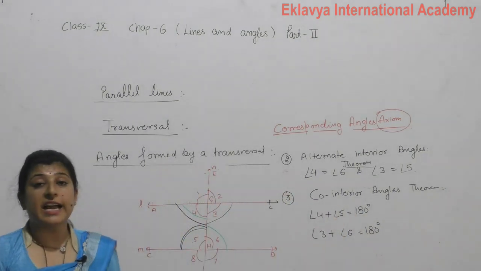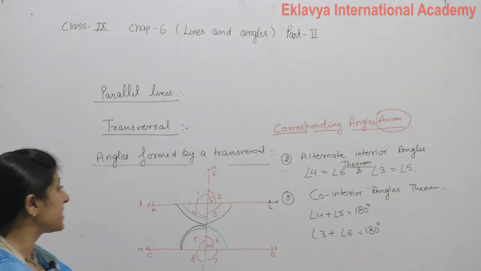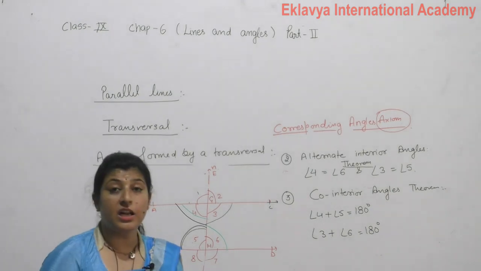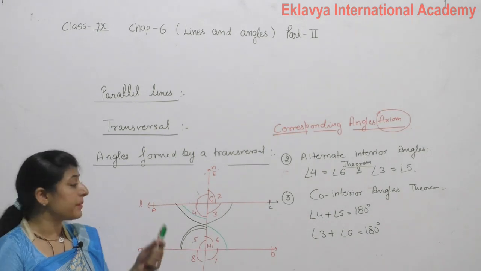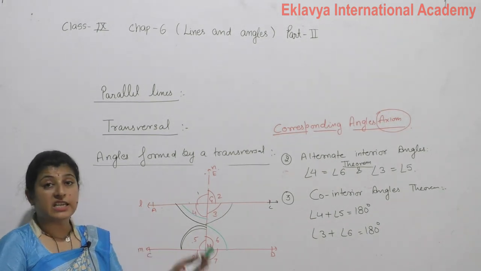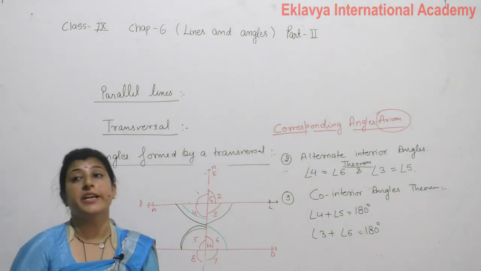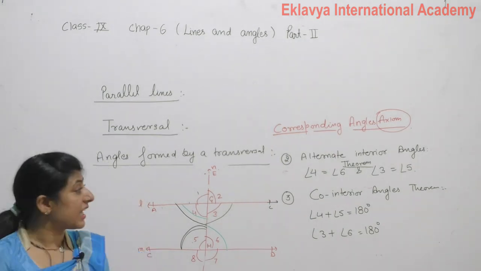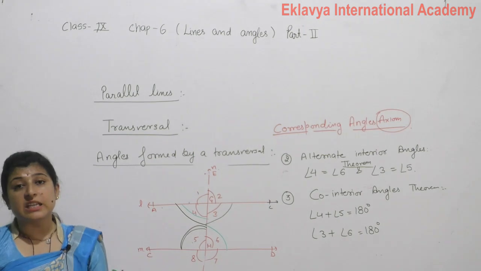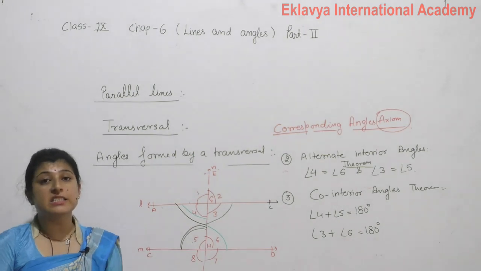So these are the angles formed by a transversal: corresponding angles, alternate interior angles, co-interior angles. When it is a parallel line, there is a concept that corresponding angles are equal, alternate interior angles are equal, and the sum of co-interior angles is supplementary.